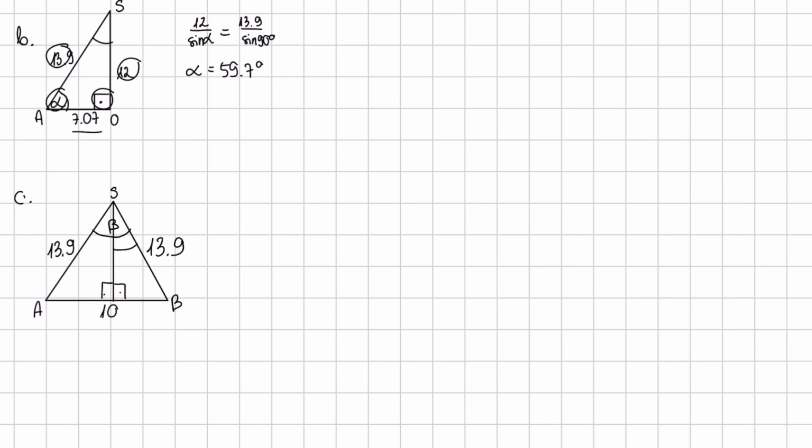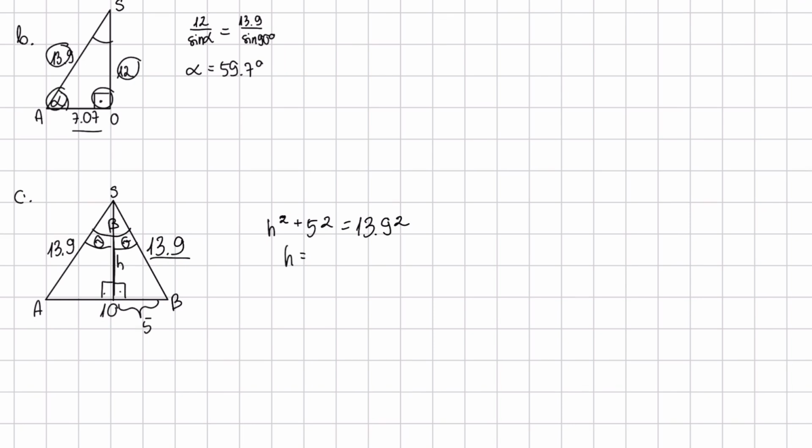We know that this is 5, this is 13.9, and we have to calculate our height from the Pythagorean theorem. So height squared plus 5 squared equals 13.9 squared. So our h equals 13.0 centimeters.